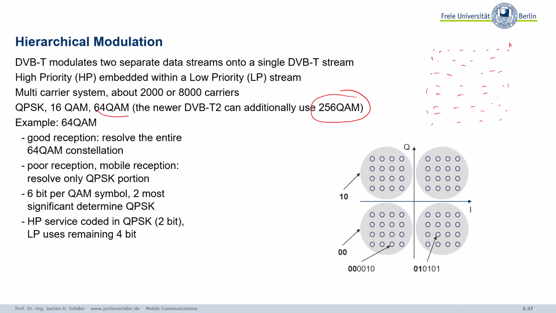Yes, in theory, yes. So if there's not that much interference, you can distinguish all the different points on the receiver side. Because what happens on the receiver side? Think of the sender wants to transmit, let's say, this point here in the upper right corner quadrant.